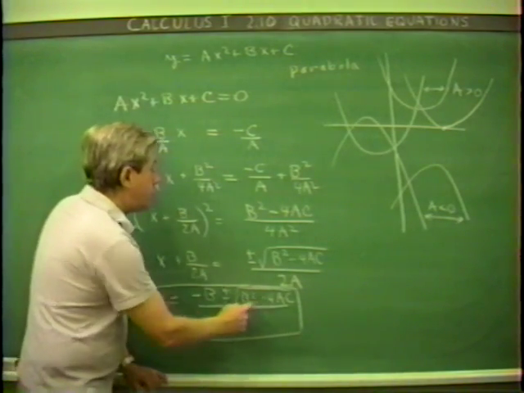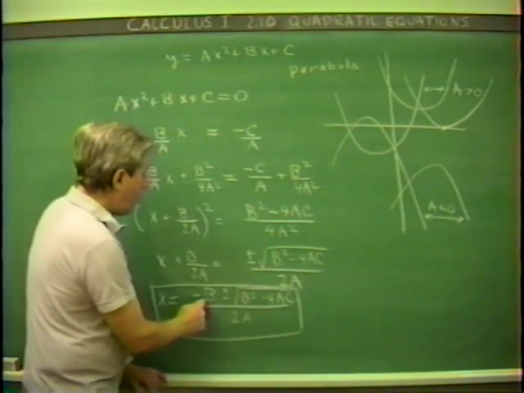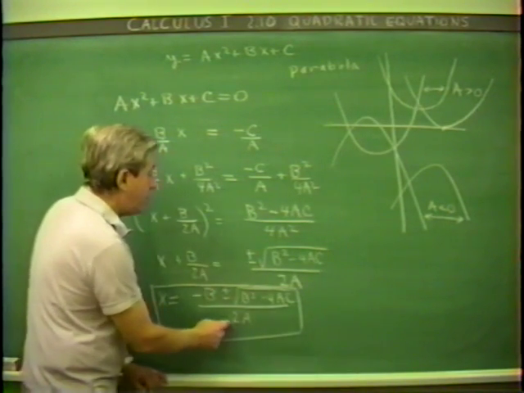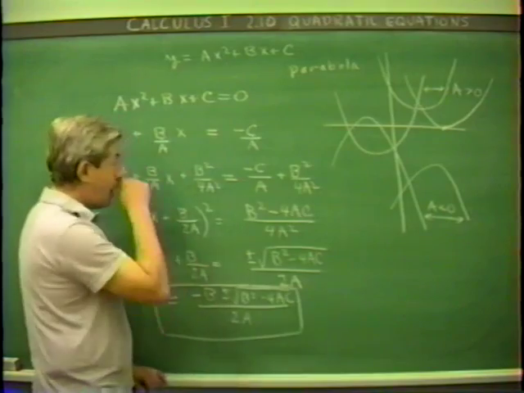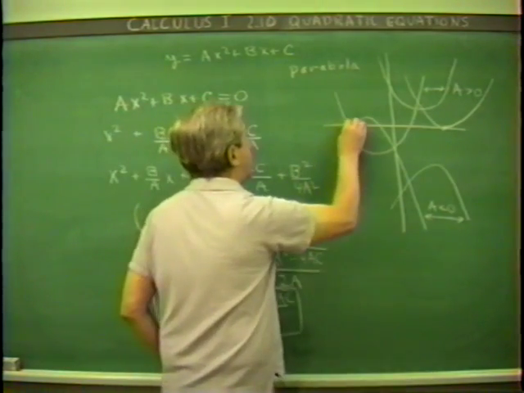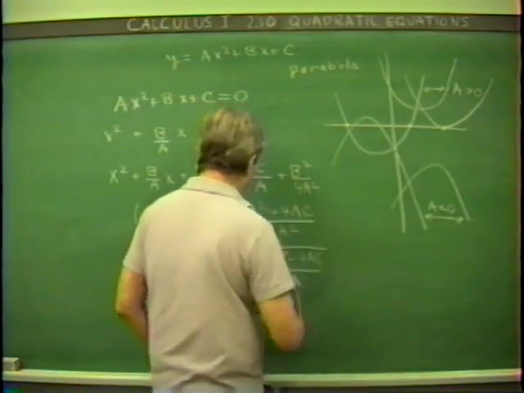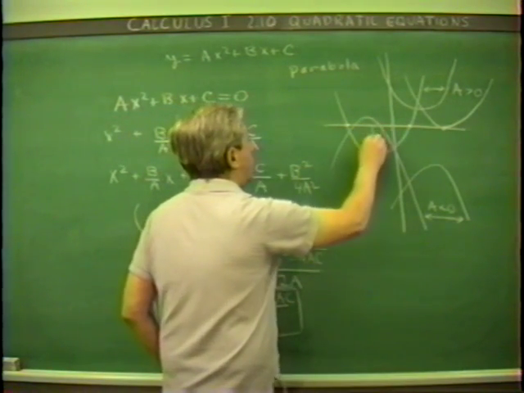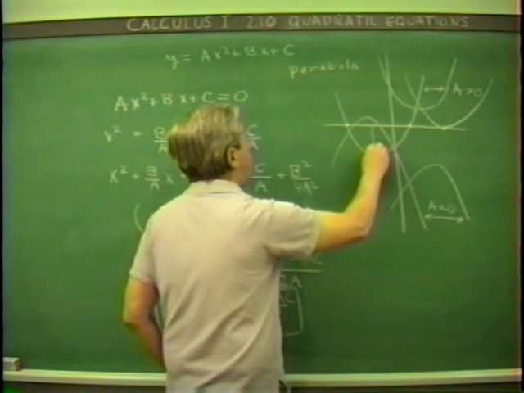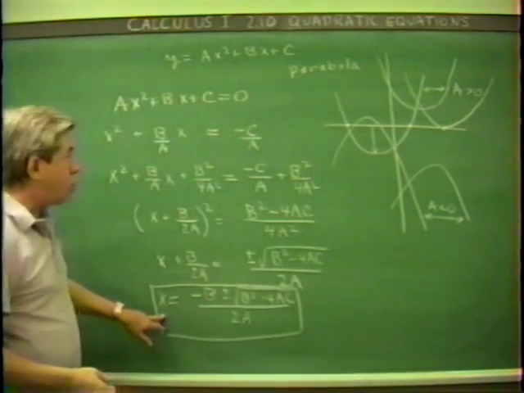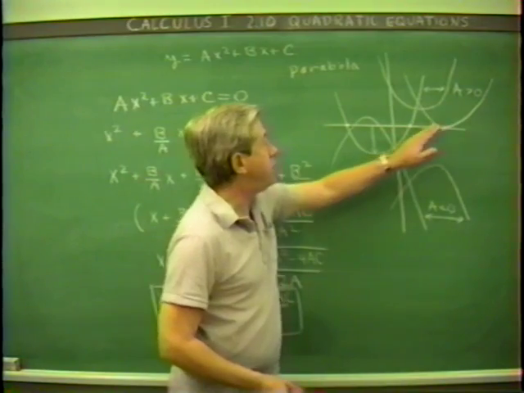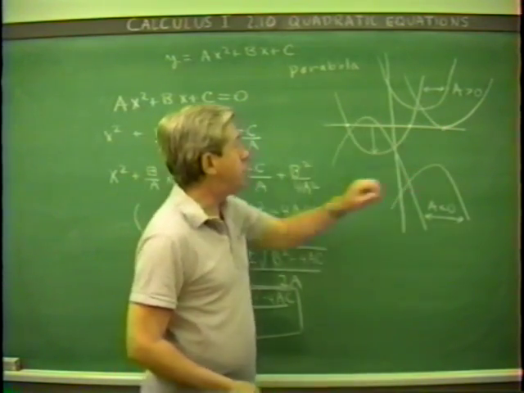Secondly, if there are two solutions, you can note that one of them is at minus b over 2a plus this quantity, and the other one is at minus b over 2a minus this quantity. So the two solutions are symmetric about the quantity minus b over 2a. Minus b over 2a is always going to give you the x-coordinate of the lowest point in the parabola when the parabola opens upward, or the highest point if it opens downward.